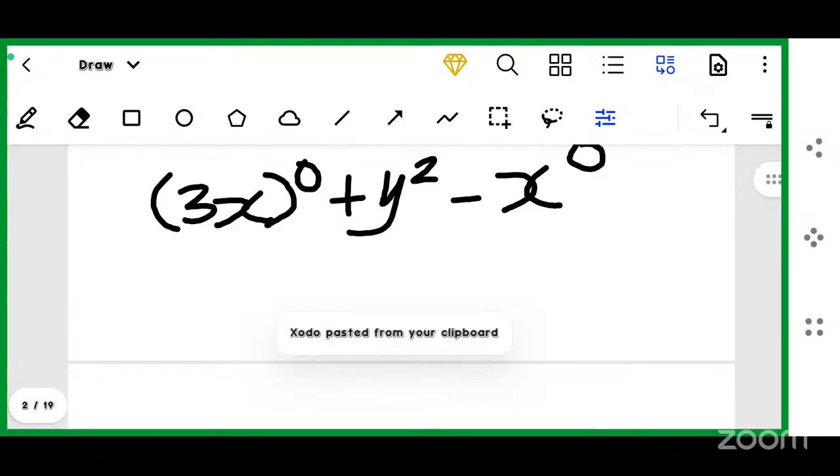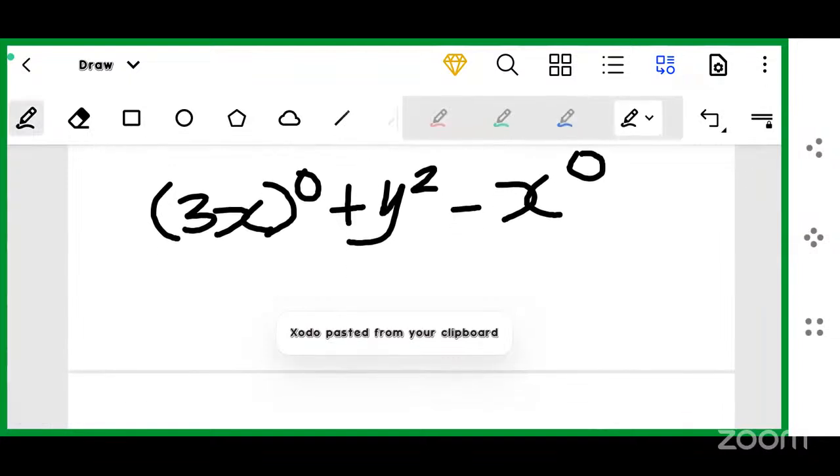So the first, 3x in brackets to the power of 0, is going to be 1, plus y to the power of 2, plus 1.